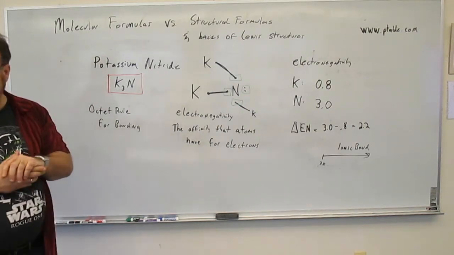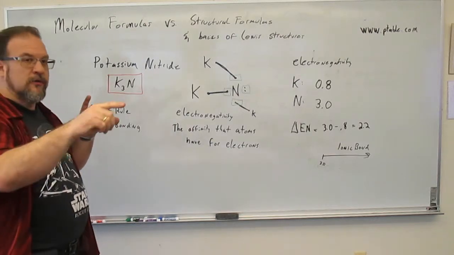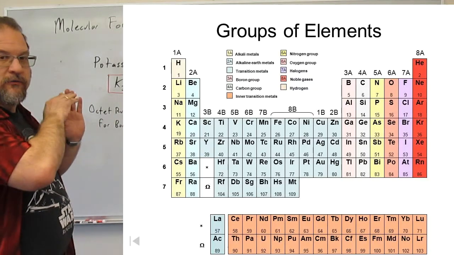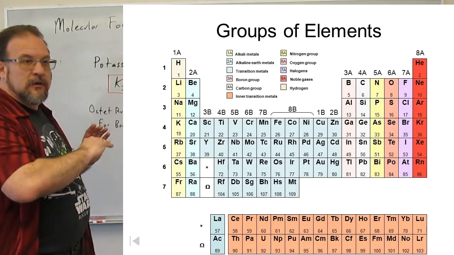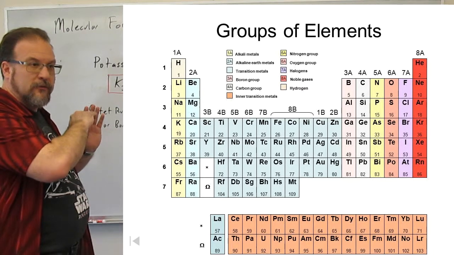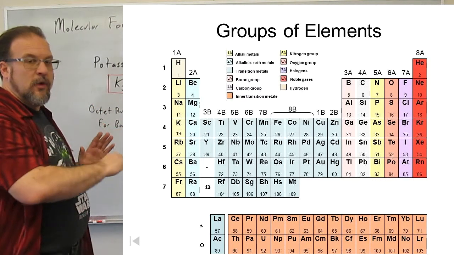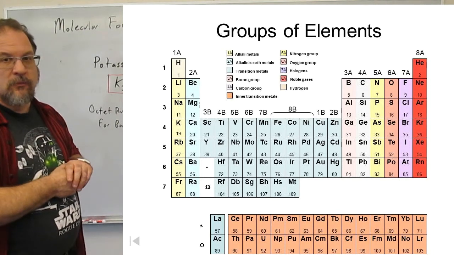So look at the periodic table and find the nearest noble gas as you go across the periods. You're reading from left to right, just like you do in the English language. You read from left to right, go down a line, start over on the left, go to the right. The same way that you're reading a book is the way you read the periodic table.